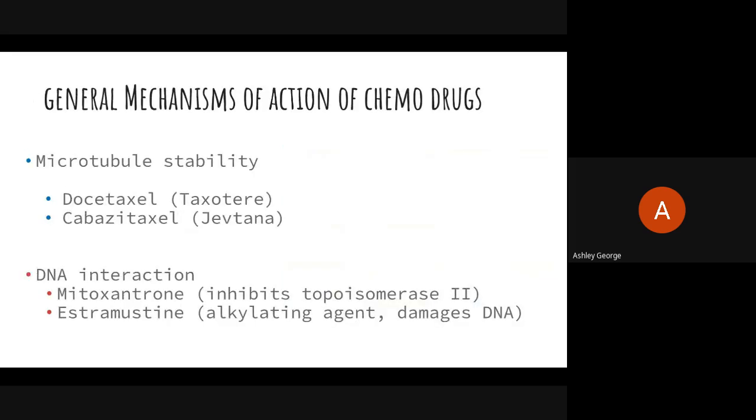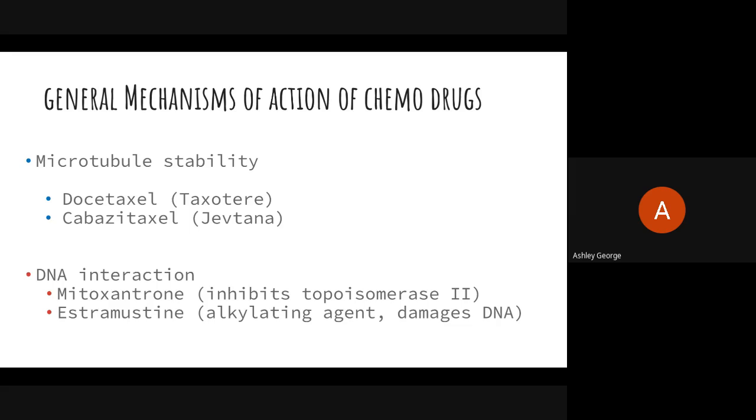So, the general mechanisms of action for these chemo drugs. The first two I discussed are mostly concerned with the stability of the microtubules. Docetaxel will bind with the beta tubulin subunit, which is the protein part of the microtubules, which are involved in the cell cycle.